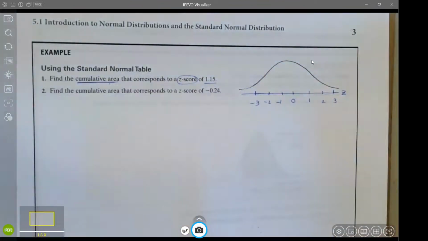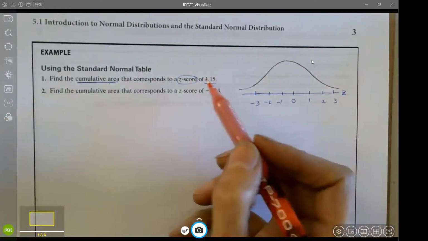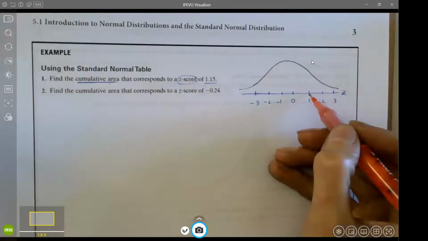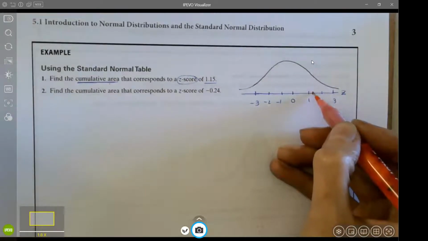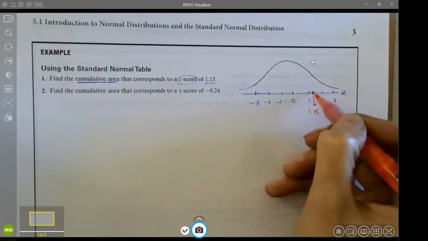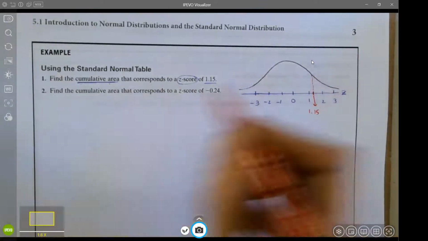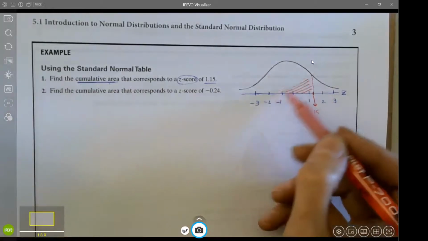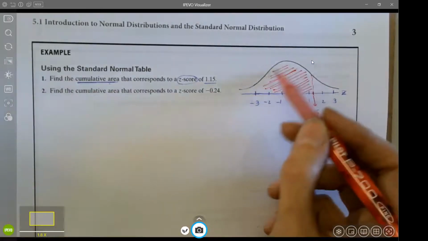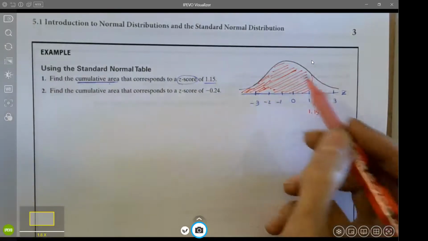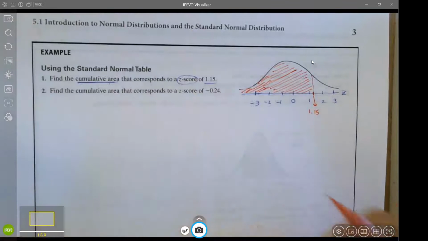The question says, first locate 1.15. Suppose this 1.15 is here. Since we are looking for the cumulative area, it means that we need to shade this big portion below the graph on the left side of 1.15.